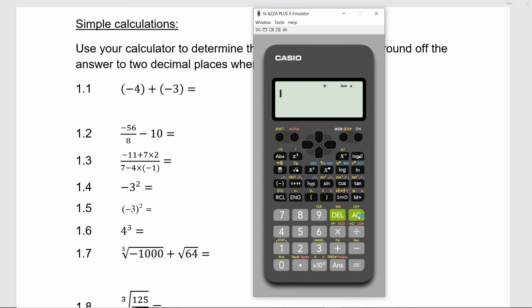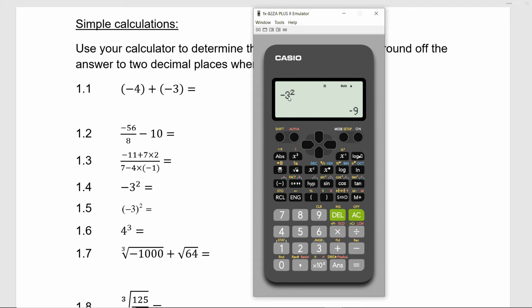For the next two, they look like they should have the same answer, but they really shouldn't. Okay, the first one is -3, where I'm squaring using my x squared button. And what I want you to understand by that is that the only thing that is being squared here is the 3. Okay, so it's -3 squared. So it's going to be a negative.